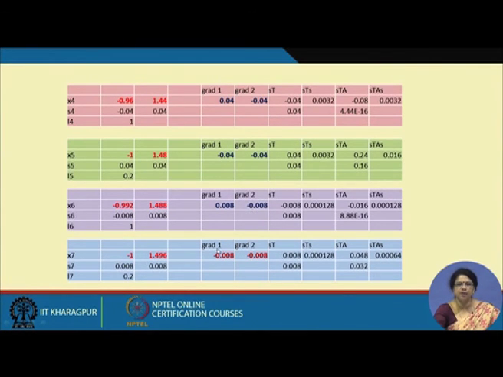Even if we repeat the process, we will see the gradient value will come closer to 0. That is why the symptom tells me that you can stop the iteration here. Probably the approximate optimal solution for this problem is (-1, 1.5). Why did I say 1.5? Because I just approximated the value.